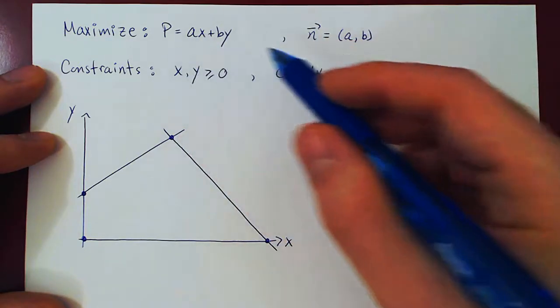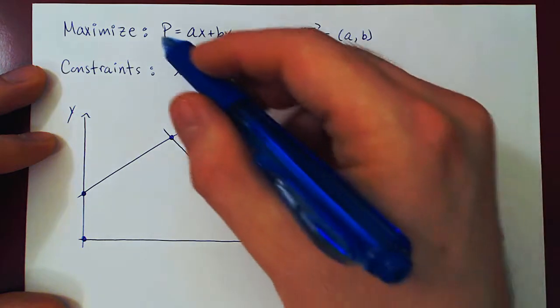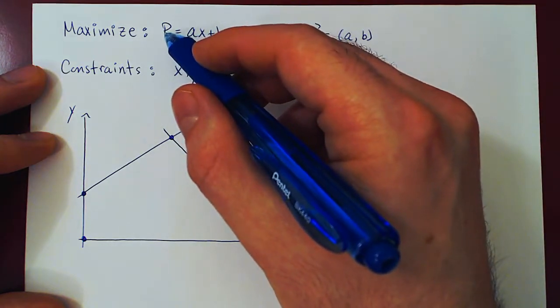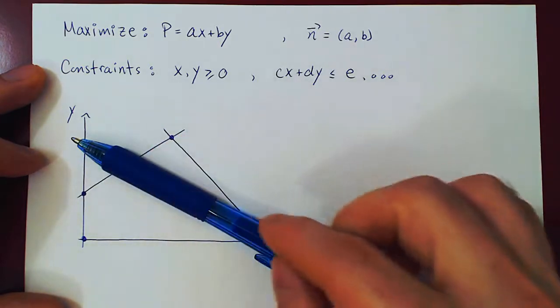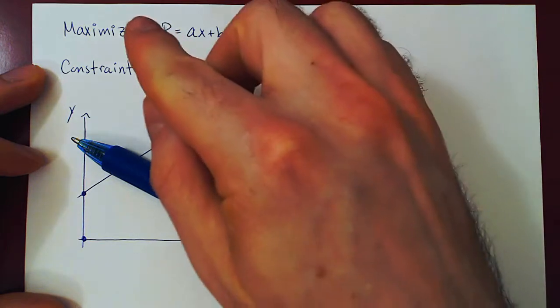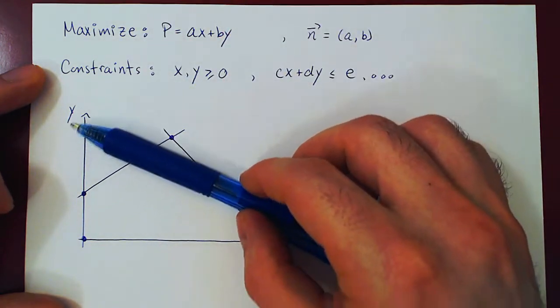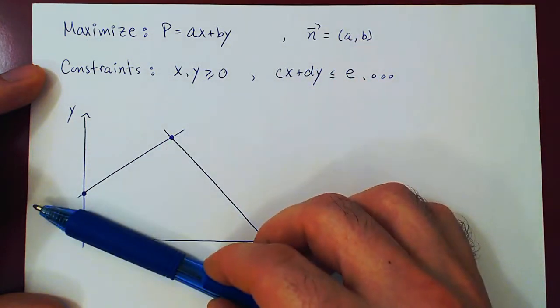What's interesting here is that our normal vector, hence the slope of our line, is independent of P. So you have a line with a slope defined by the normal vector n being perpendicular to your line, and as you increase P, the line moves up. As you decrease P, the line moves down.